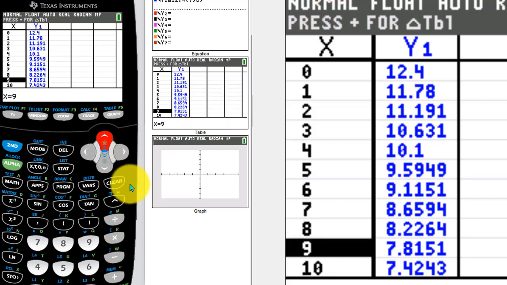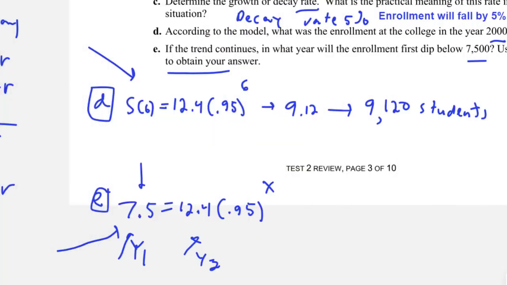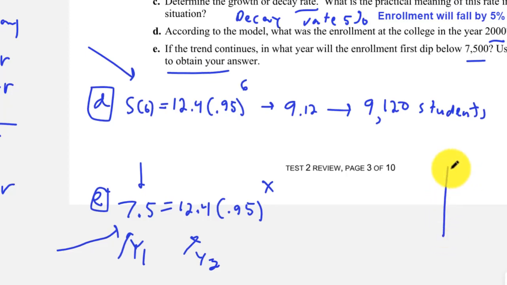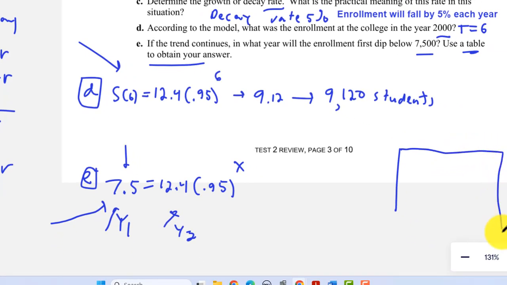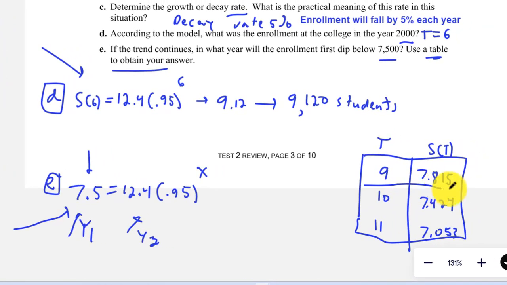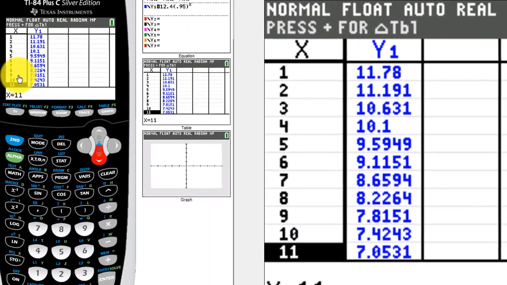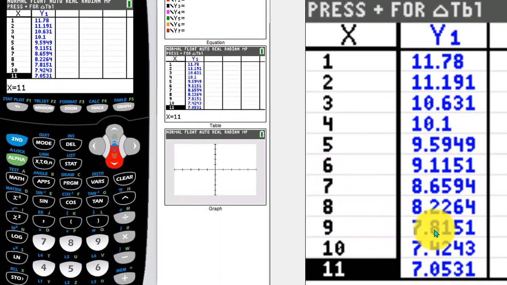So I would probably write my table like this, 3 rows. All right, so let me write this down. Something like this. So I created my table over here, right? And these values came from my calculator. 9, 10, 11, and these are the values, 7.8, 7.4.